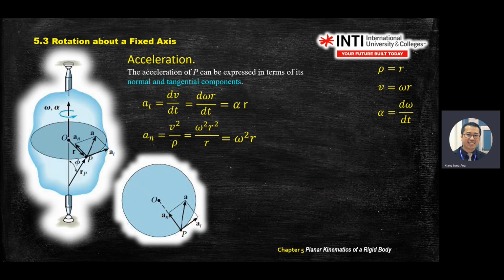So new equation today: you can find the tangent direction of your acceleration equal to alpha r, and An equal to omega square r. This is another equation that you transfer from the previous chapter.